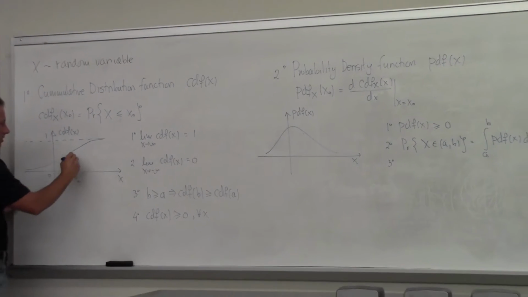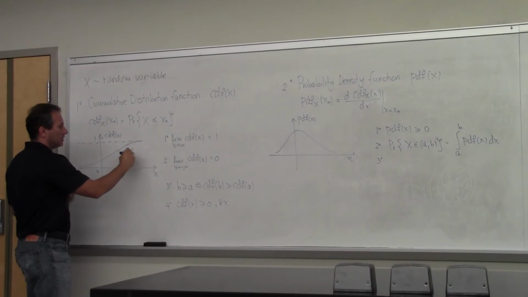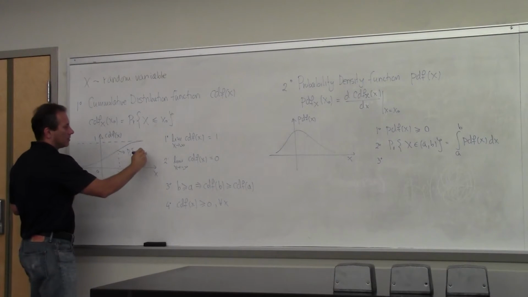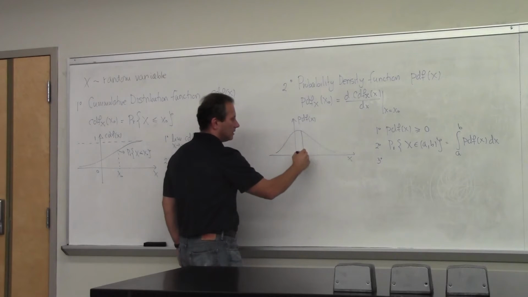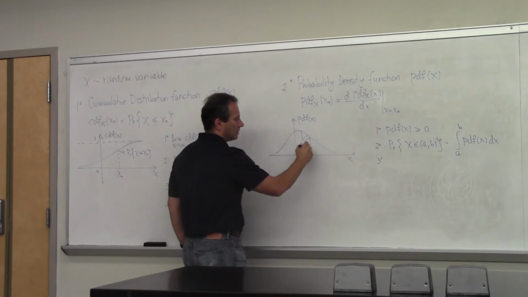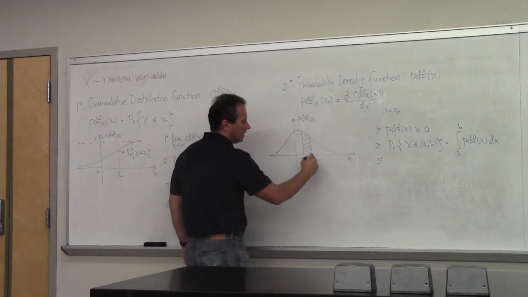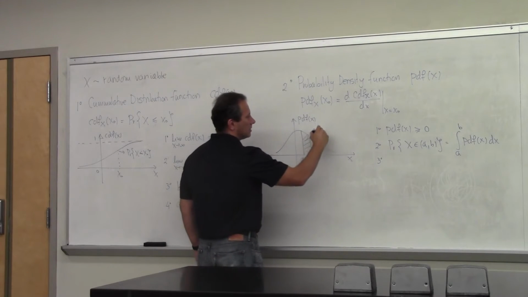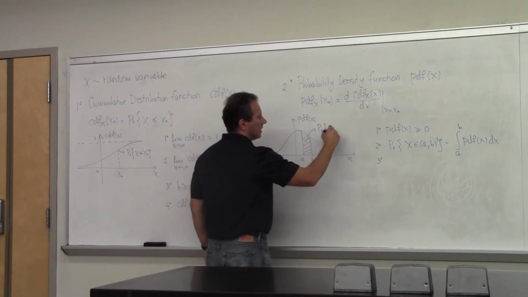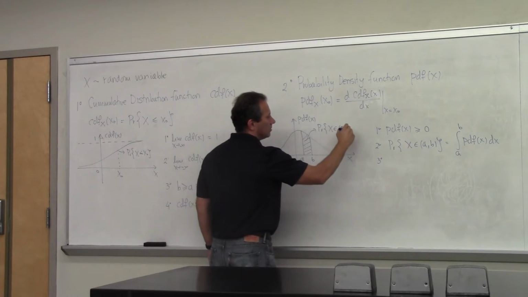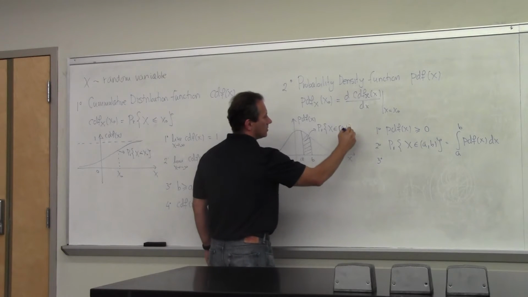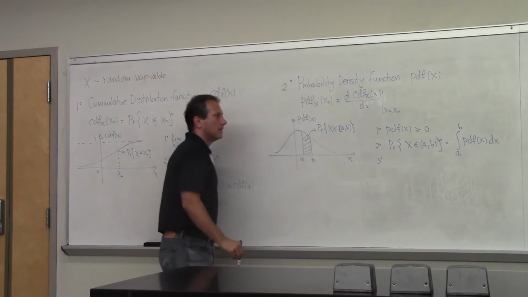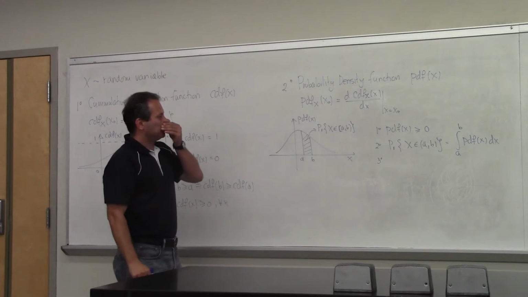If I specify x0, this value here is probability of x being smaller or equal than x0. But here, the physical meaning is in the area under the curve. So if this is A and this is B, this thing here indicates probability that x is between A and B. Let's see, like this one is closed, this one is open.